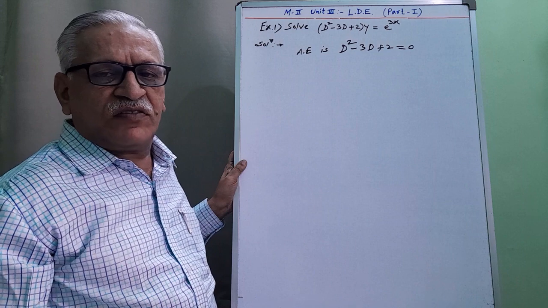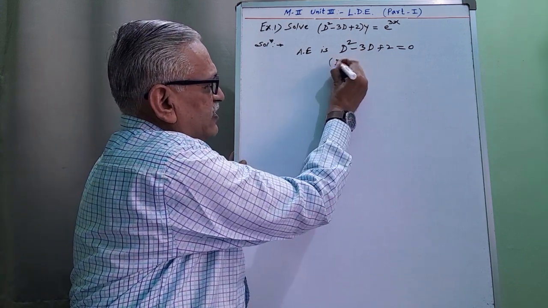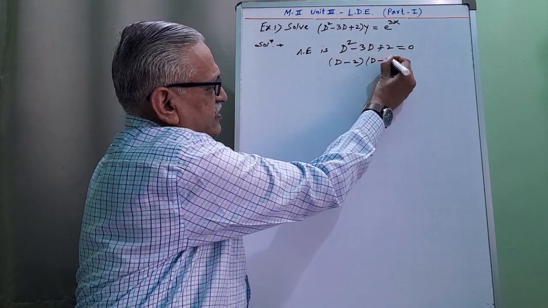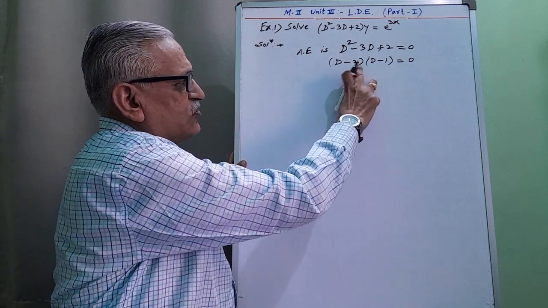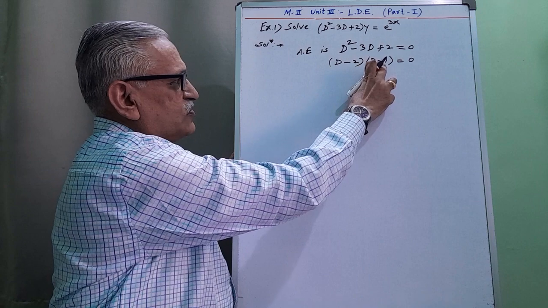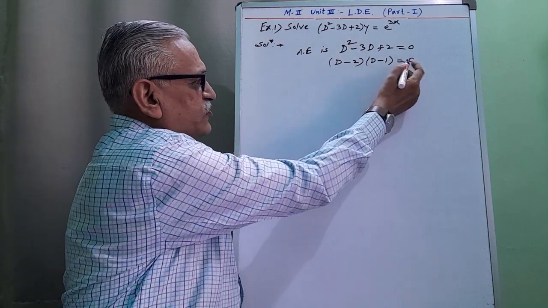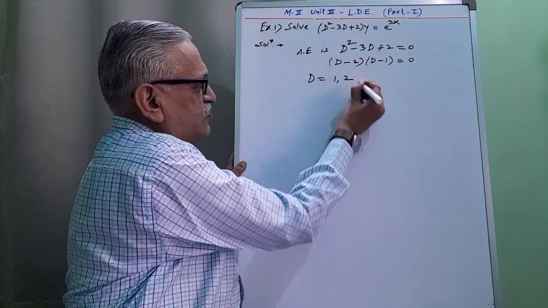Finding the factors, they are (D − 2) and (D − 1) = 0, such that the product of these two is plus 2 and the sum of these two terms is minus 3. Then equating each to 0, we get D = 1 and D = 2.